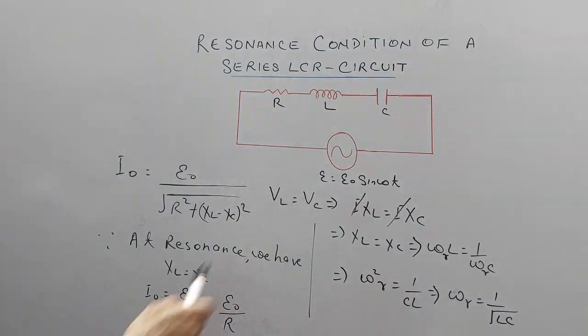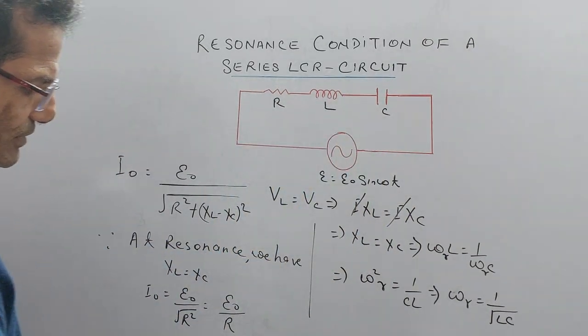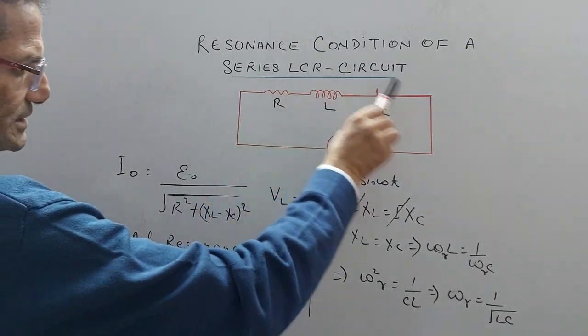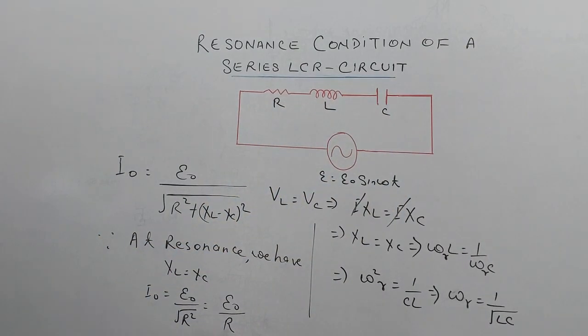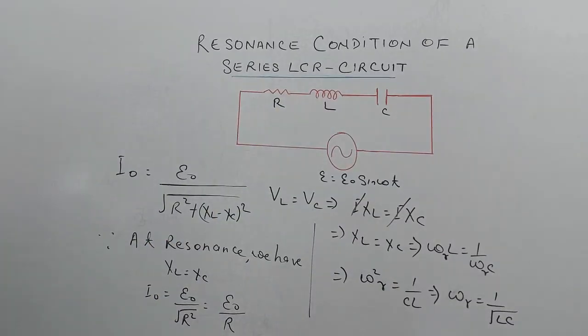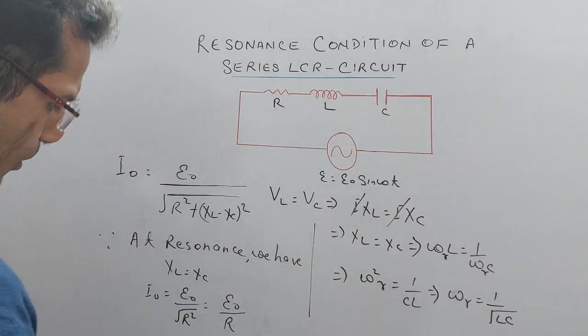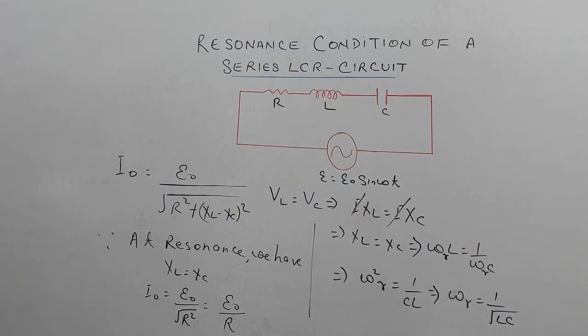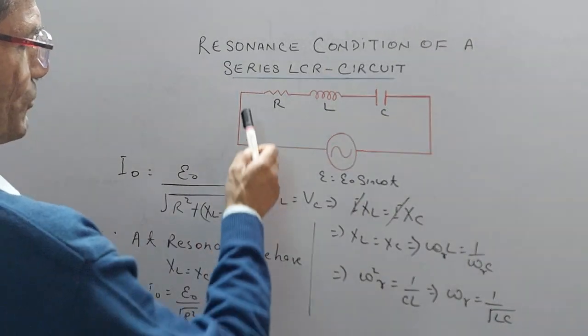When the current is maximum, in the LCR circuit at resonance, our resistance is only R. I would say that our circuit becomes resistive. In a resistive circuit, maximum current would flow, and the power losses would be only across the ohmic resistance.